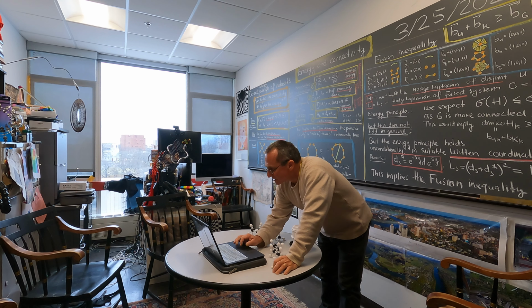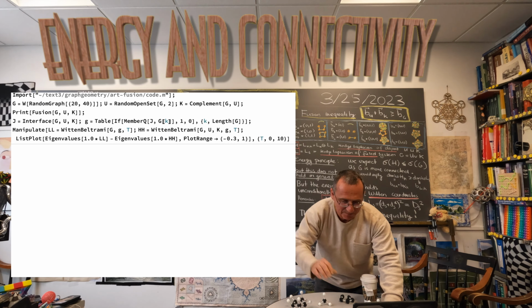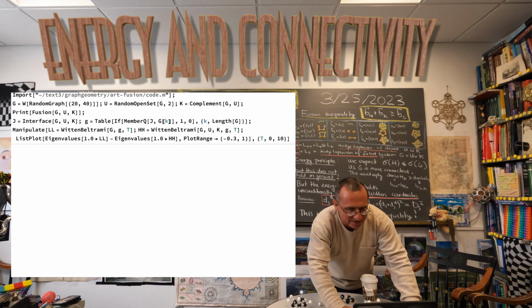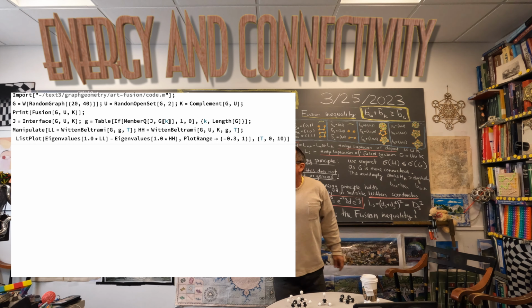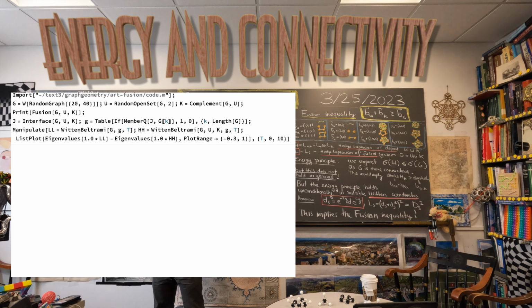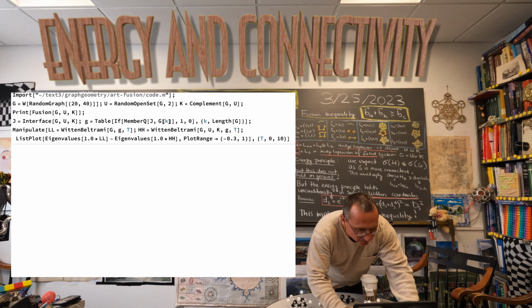Let me actually just see here. I have Mathematica. I run that. I take a random graph and look at the difference between the energy values, for the form-Laplacian, when one system is connected and one system is not connected.